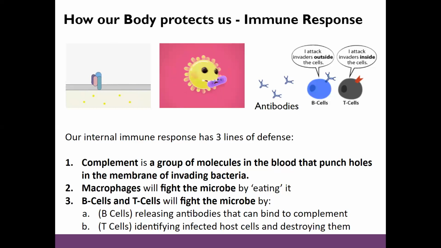T cells attack invaders that are present within the body, and they identify infected cells and destroy them. So these are the cells that maybe have viruses within them that are using their host machinery.